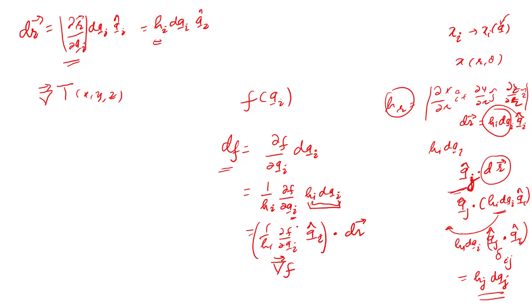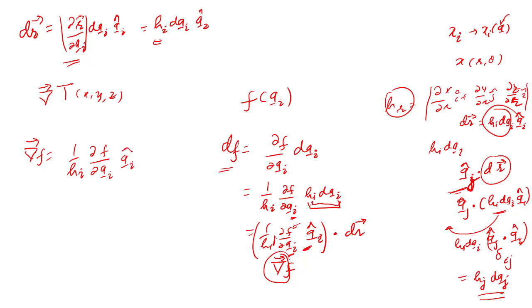You're taking a scalar function and looking at the change, and then you're giving it the direction along which, because you're taking the tangent for qi, you're putting in that direction qi. So this is gradient. So in general, the gradient of f in general coordinates is simply 1 over hi times dou f by dou qi, times qi.